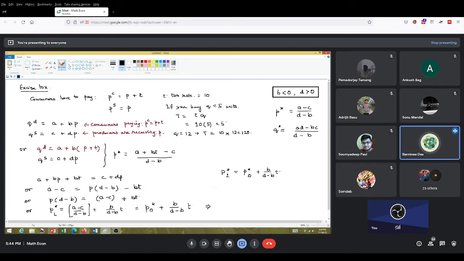Because B is negative in sign and D minus B is positive. Okay, B is negative, and D minus B and D are both positive. D minus B is positive. Okay, so in that case, what happens?